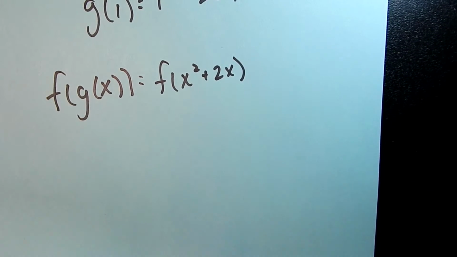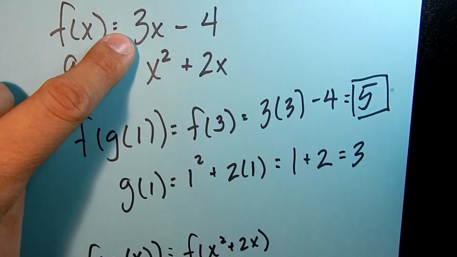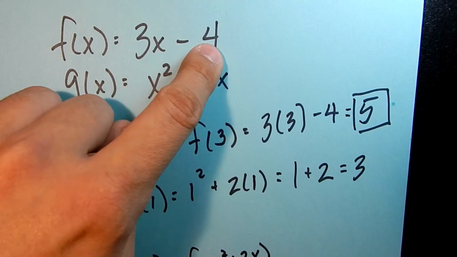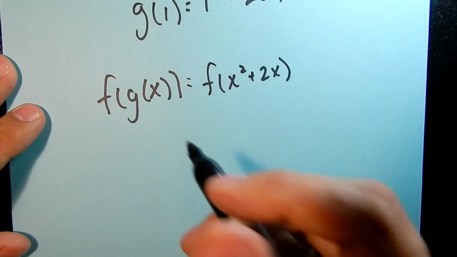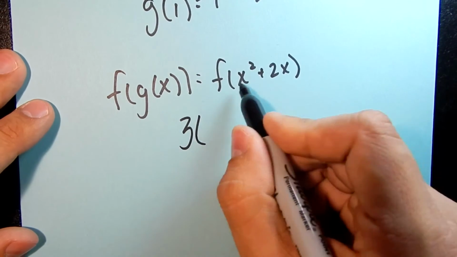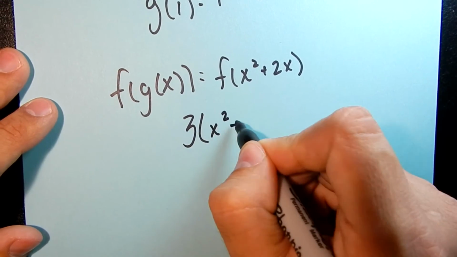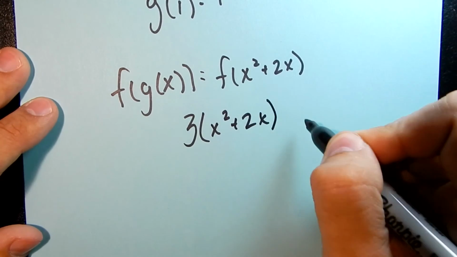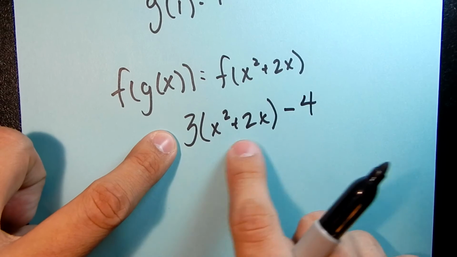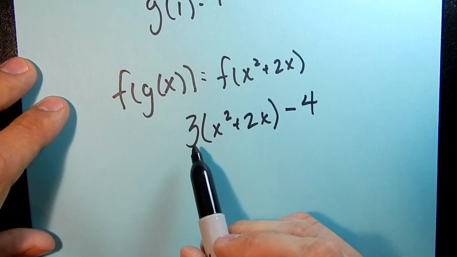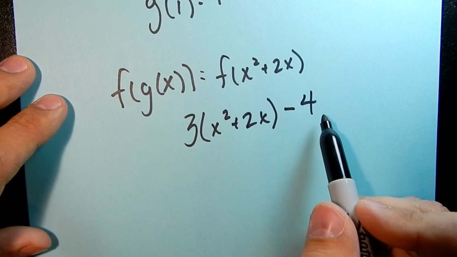So my f function says, take your input and triple it, and then subtract 4. So this becomes 3 times my input, and then I subtract 4, because this is what f does to an input. It triples it and subtracts 4. This is basic algebra 1 stuff.